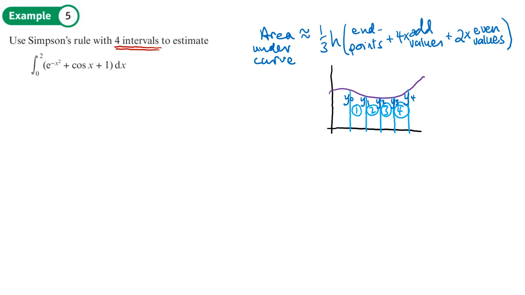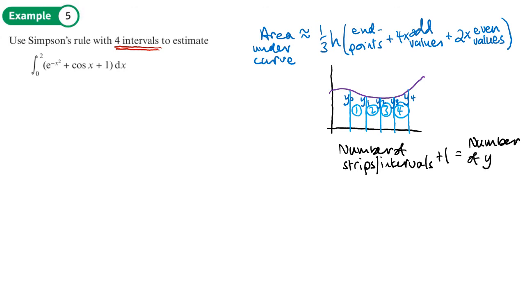So basically the number of strips or intervals plus 1 gives the number of y values we need to work out. And the number of y values, because we're going to do this in a table, is the number of columns in our table. So I always do these questions with a table.